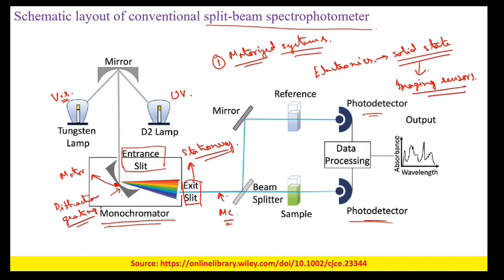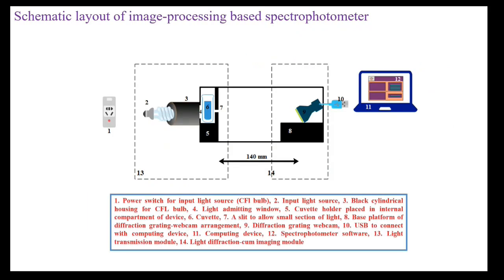Now the designing of these imaging sensors, and even the designing of a spectrophotometer using an imaging sensor, is very easy. In fact, any one of you, if you have access to a very small lab, can design your own spectrophotometer. Okay, so let's discuss how this image processing based spectrophotometer works.